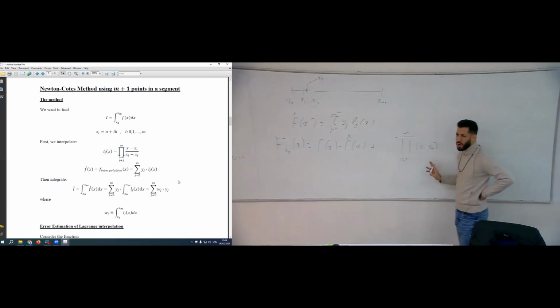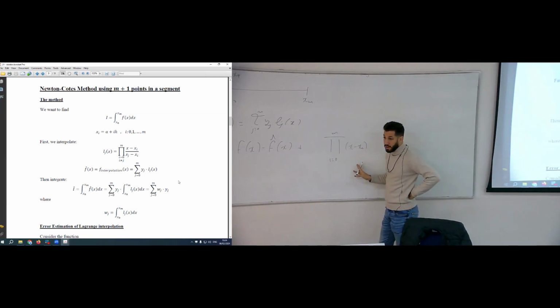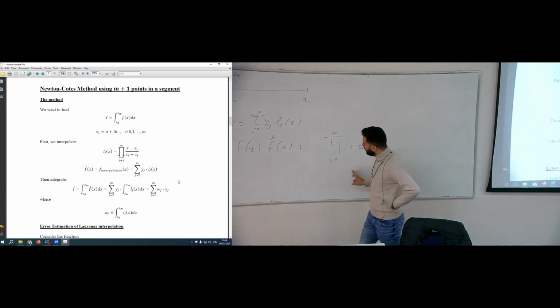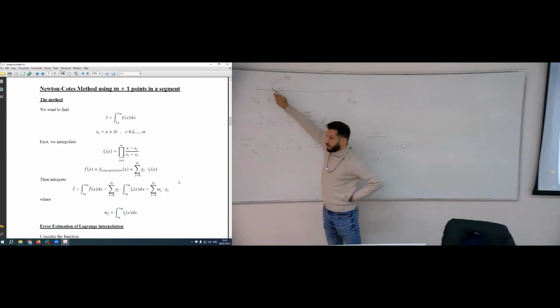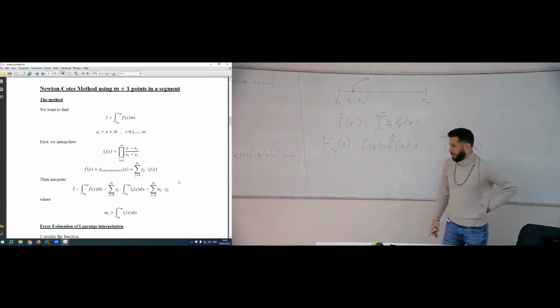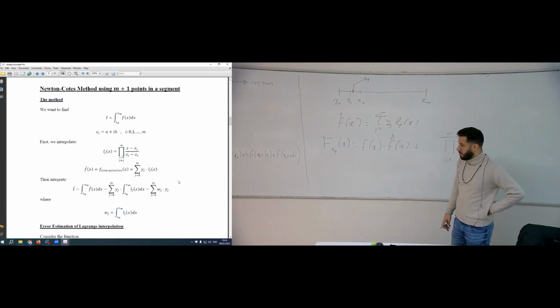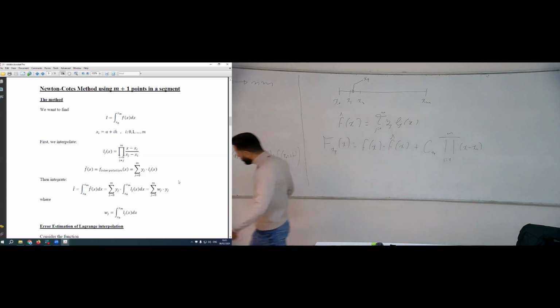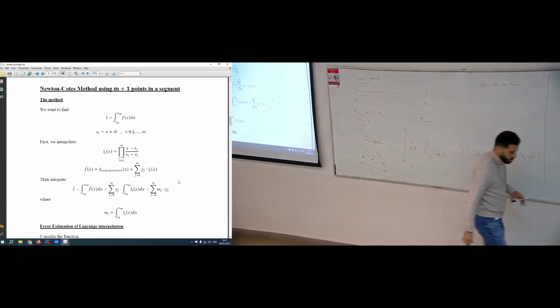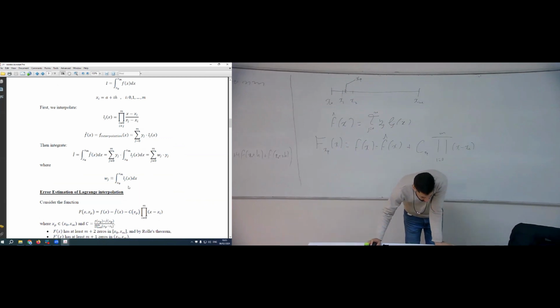It's a polynomial of order what? m plus 1. So this is also 0. And I want this function to be 0 at xp also. How can I do this? I multiply by some number, I call it c of xp, which is constructed so that it will be 0.